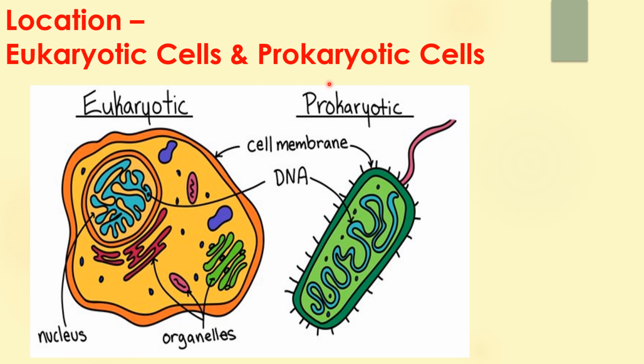Location. As I told you when I was explaining the packaging of DNA in eukaryotes, the DNA is located in the nucleus in the form of chromosomes. Chromosomes form from chromatins, and chromatins are made up of nucleosomes, that is DNA plus histones. DNA contains the genes. Again and again, I'm telling this so that it stays in your memory.